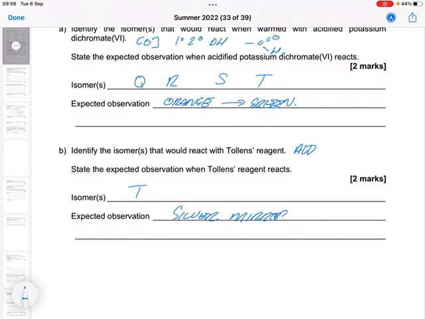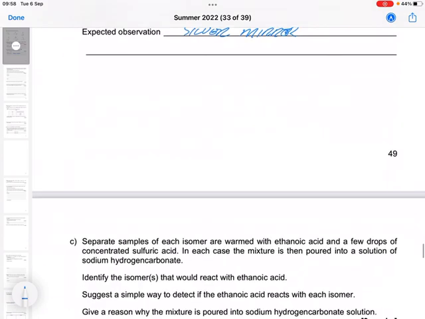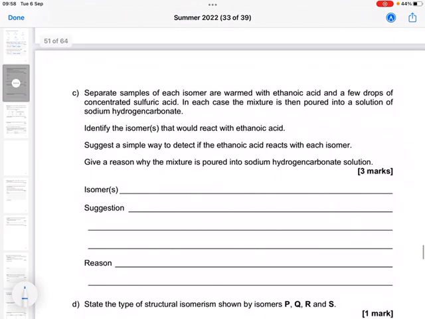Okay, so I'm going to have to keep going back to these at the beginning of the question to have a look at these. Separate samples of each isomer were warmed with ethanoic acid, so that's a carboxylic acid, and some concentrated sulfuric acid. It's then poured into a mixture of sodium hydrogen carbonate. So this is the esterification reaction.